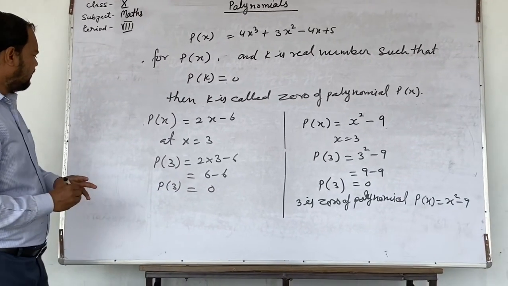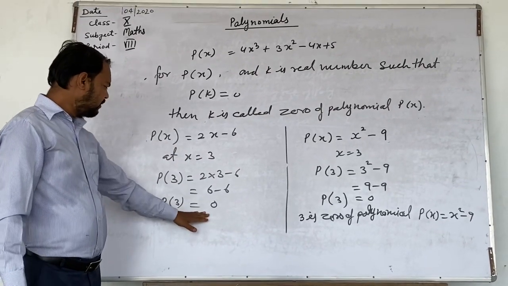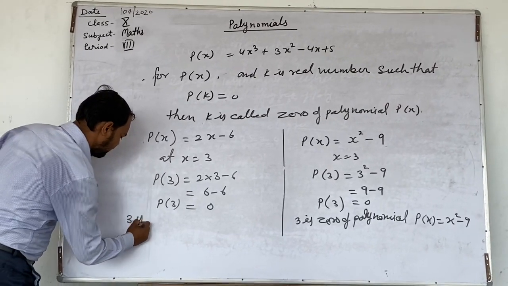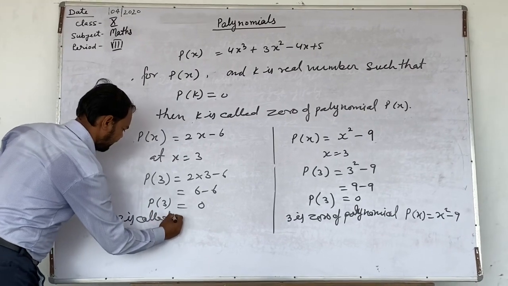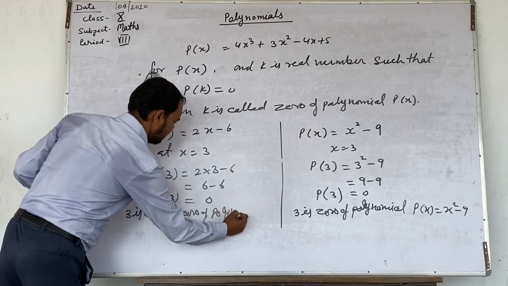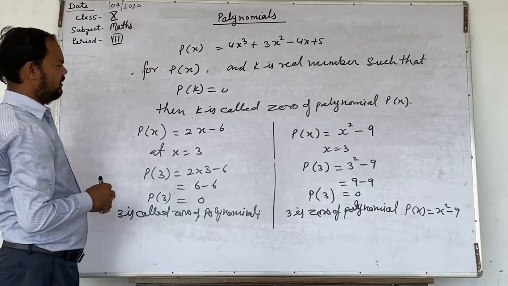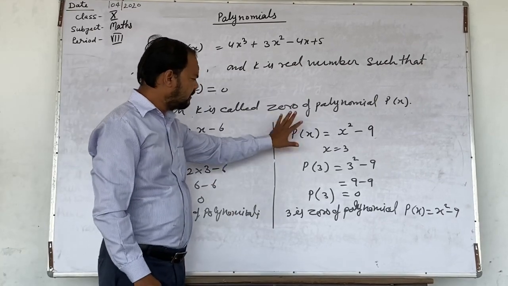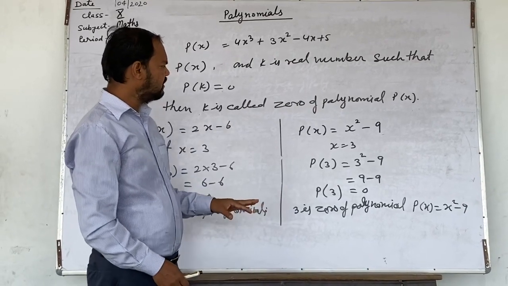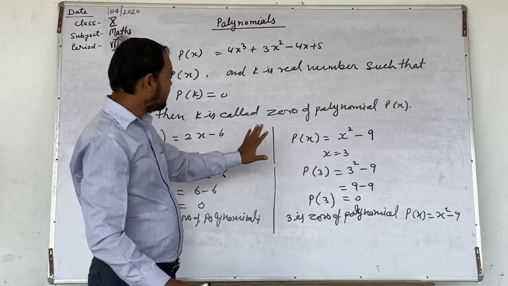For the value of x equal to 3, polynomial p(x) becomes 0. So 3 is called a zero of the polynomial. Here we just introduce the zero of the polynomial, as you know from class 9 also. But how to find zeros, we will do later in the next exercise. Only the introduction of zero here.